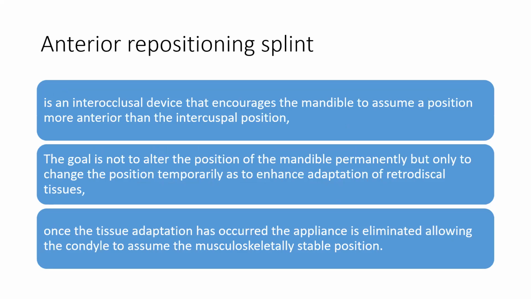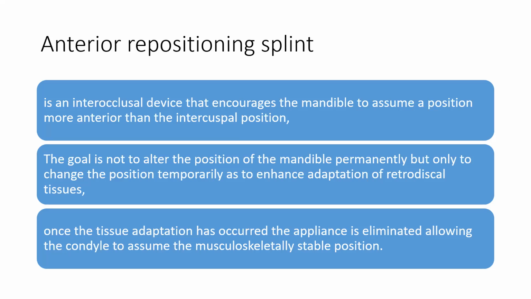Now going to another occlusal splint, that is the anterior repositioning splint. It is an interocclusal splint, and it helps to encourage the mandible to assume a position more anterior than the intercuspal position. The goal of this anterior repositioning splint is not to alter the position of the mandible permanently, but only to change the position for a temporary period of time, so that during this time we allow the inflamed retrodiscal tissue to adapt.